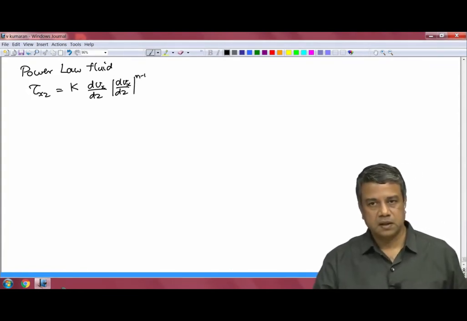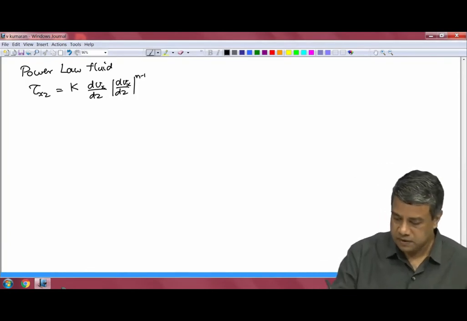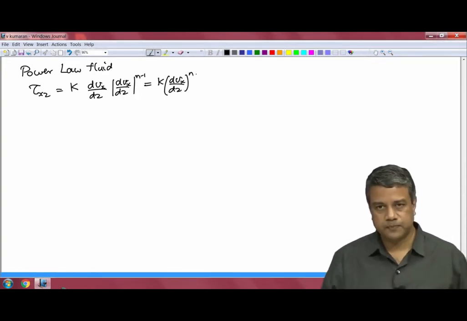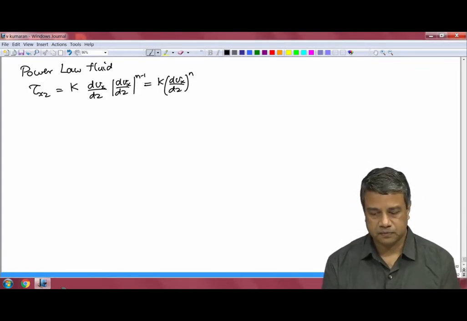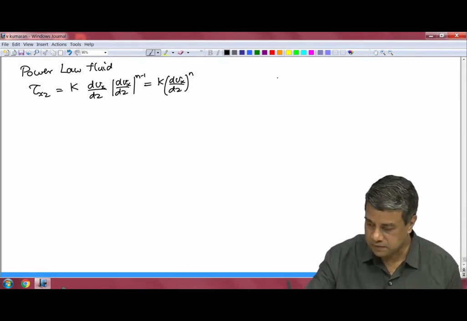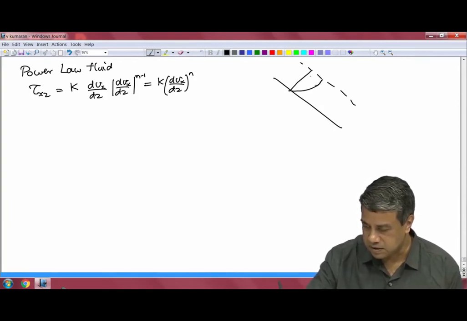In this case, since the velocity is always positive and the slope is always positive, I can equivalently write this as k dvx by dz whole power n. What happens if you have this power law fluid flowing down an inclined plane? How does the velocity profile change in this case? How do the relations change?